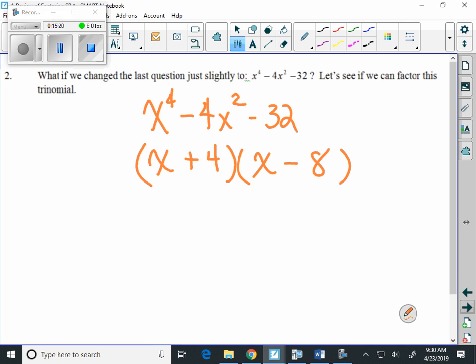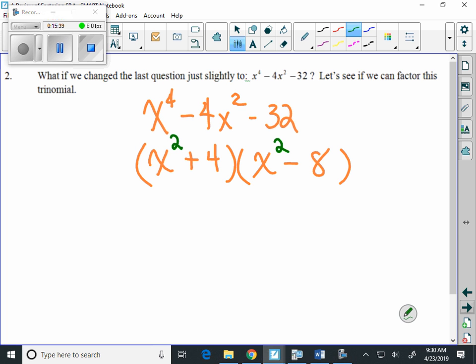But x times x is x squared. How can we change that x to make it x to the 4th now? Well, let's put a square root on it. And then let's see if that's all we had to do to change it.